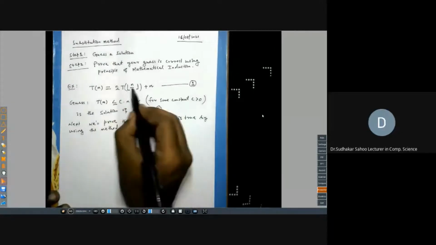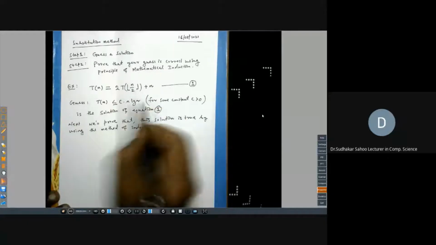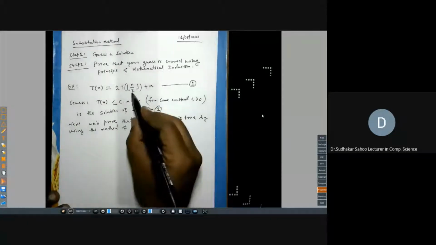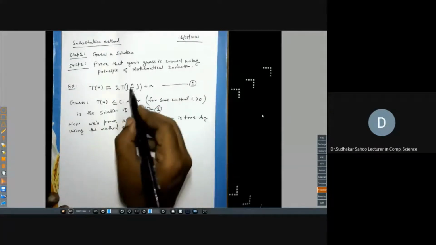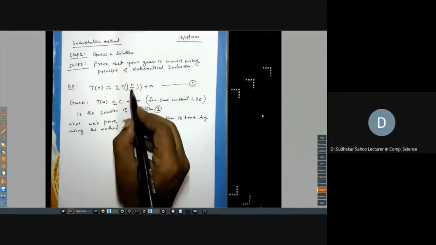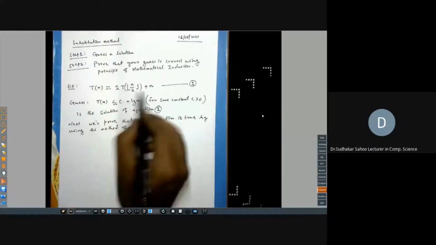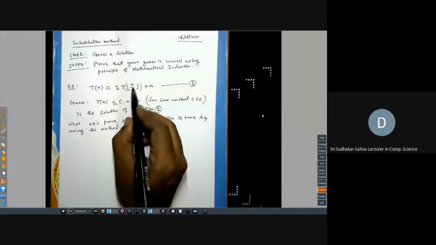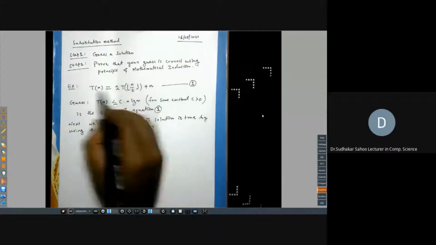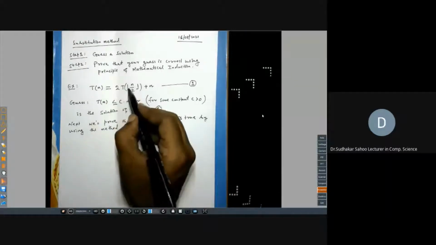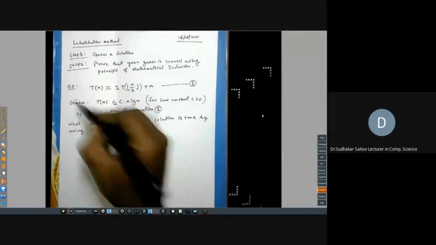Again, if you repeat, n by 4, then n by 8, n by 16 in this way. So after n by 2, next is your n. So the induction step says you first assume that this equation is valid for n by 2, then prove that it is also valid for n, because the next value of n by 2 is n.